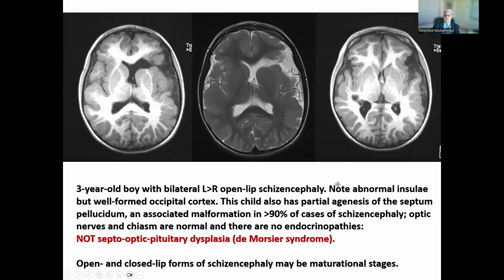There are a number of causes of schizencephaly, including vascular insufficiency in that area, but it also can be genetic. This child also had partial agenesis of the septum pellucidum, which you see in many cases of schizencephaly, and he had optic nerve hypoplasia.